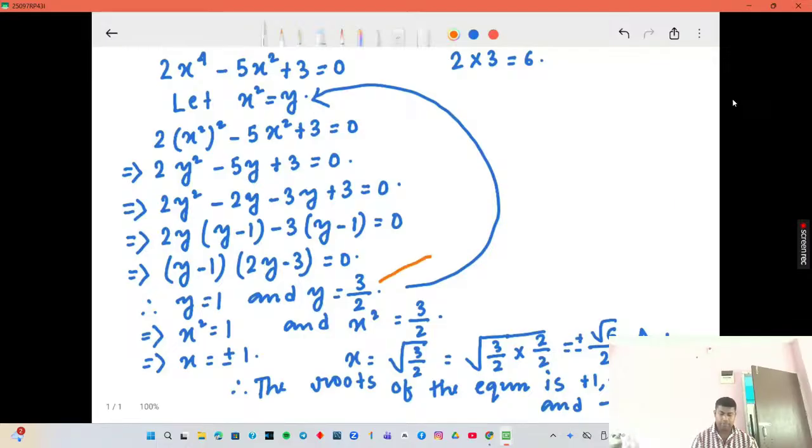Now we have to put the value of y, and the value of y is x squared, as you can see in the second step, where I have written let x squared is equal to y. So now we get x is equal to plus 1, minus 1 and x is equal to plus minus root over 3 by 2.